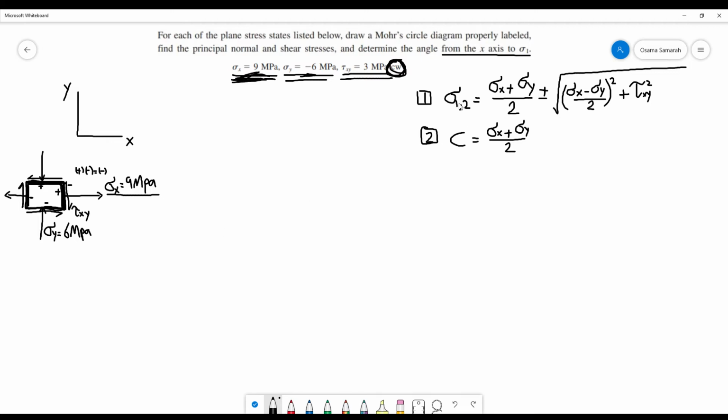So let's proceed by finding sigma 1, the first principal stress.